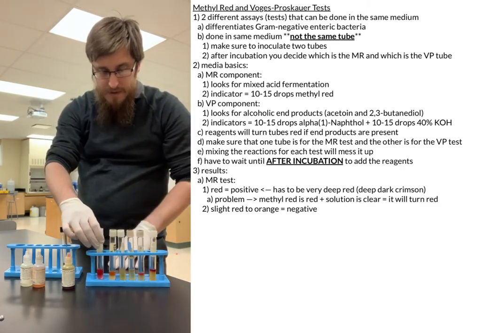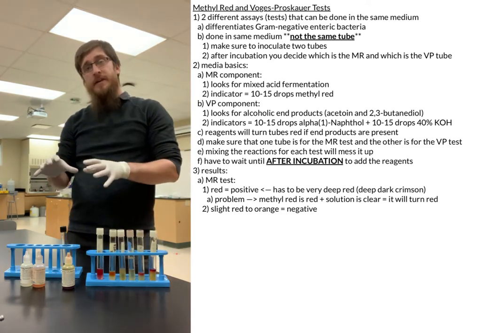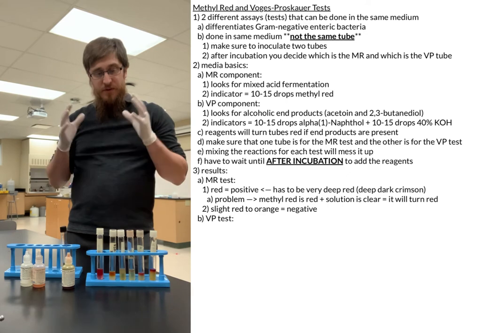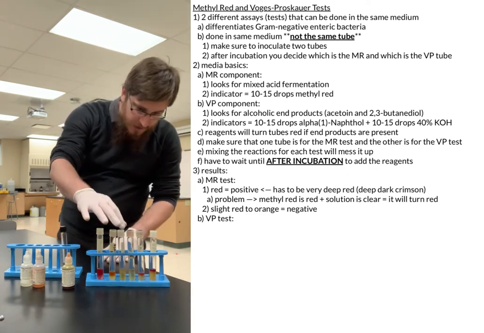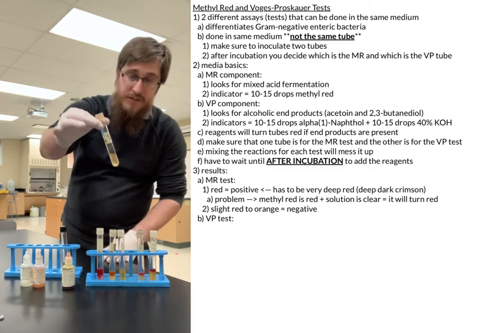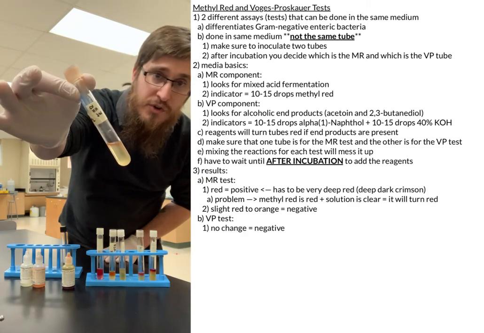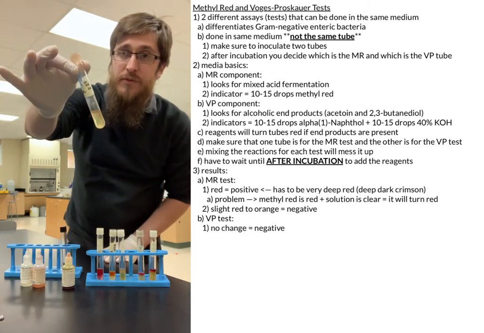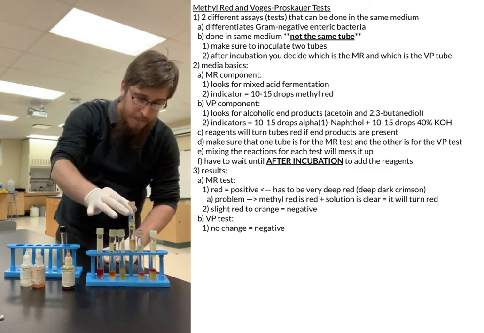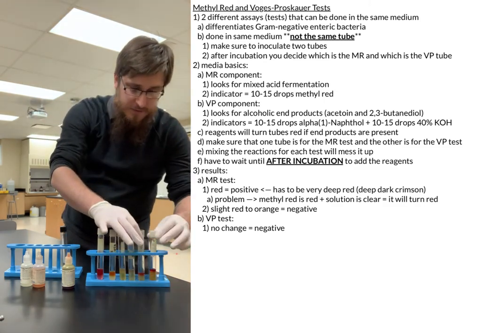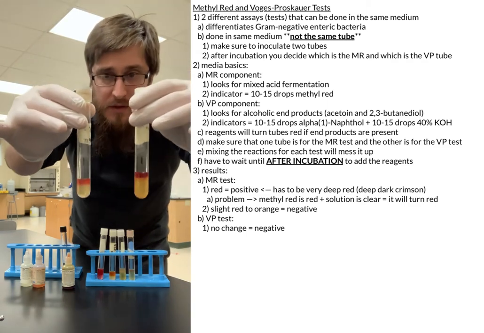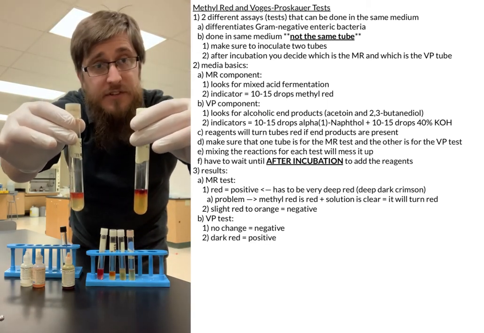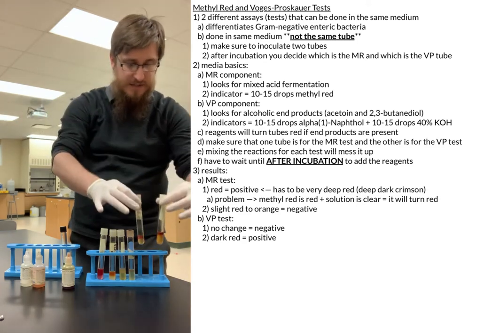All right. Now, it's kind of the same thing with our VP setup. With our VP results, you can have something like this right here, where there was no real change to the media. That's going to be a negative result for our VP reaction. Now, if you have something like this right here, where they turn kind of red at the top, that's going to be a positive result for your VP test.